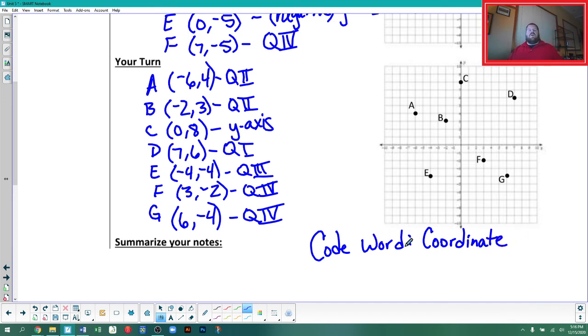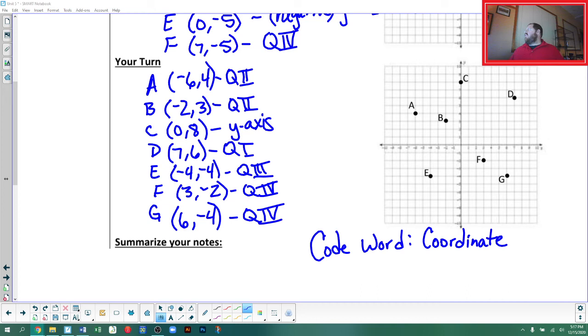So you will type coordinate into the blank for the code word. You do that, then that unlocks the score that you earn when you do the mastery challenge. So while we're just sitting here, let me put that in.